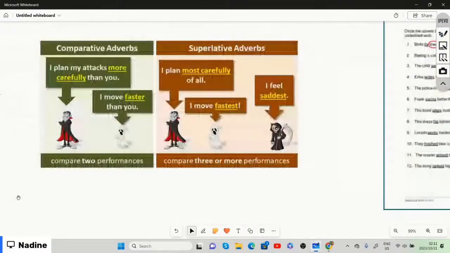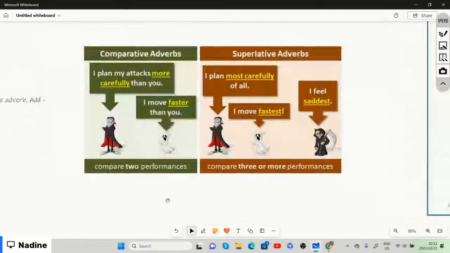All right, so now if we look at this picture in front of us, here they're giving us two descriptions, one being a comparative adverb and the other being a superlative adverb. Remember, a comparative adverb compares two actions being done, and a superlative adverb compares more than two actions being done.